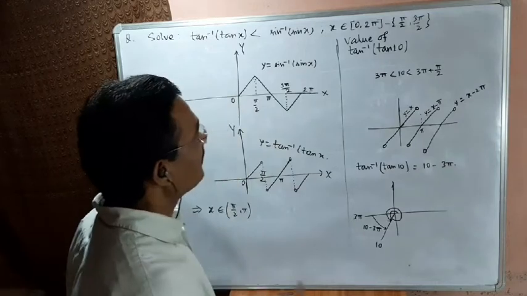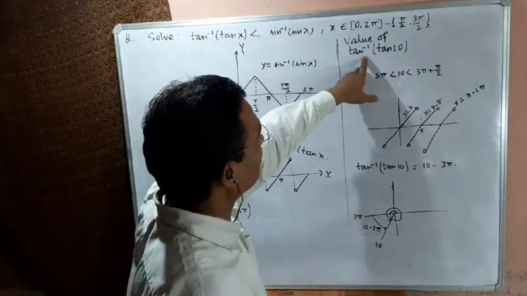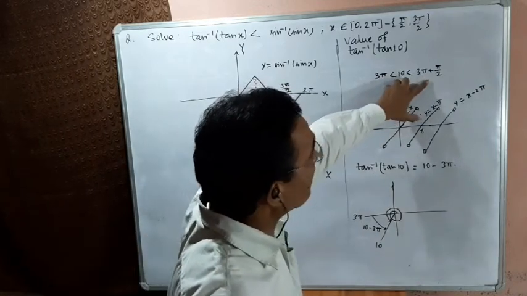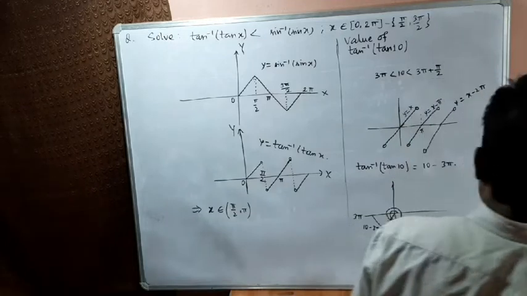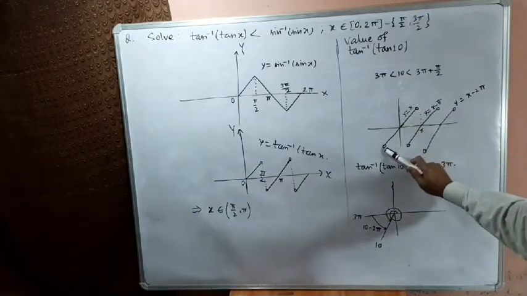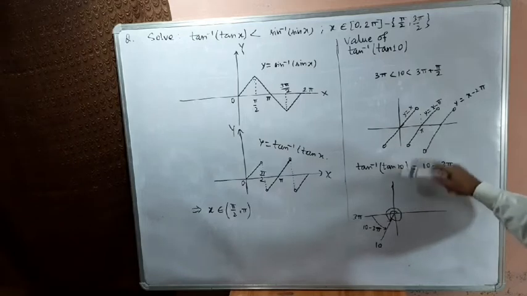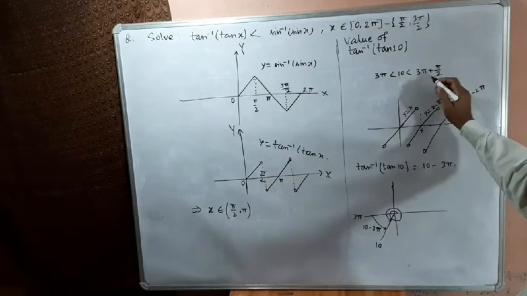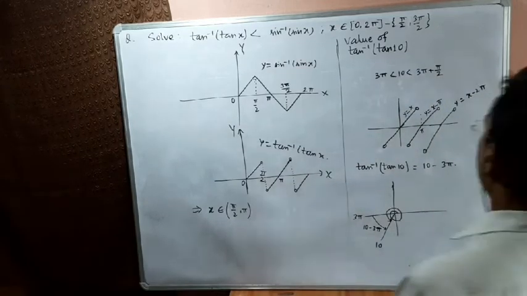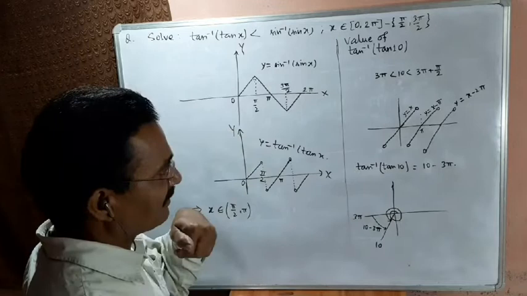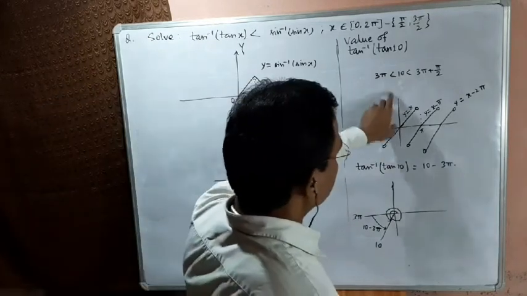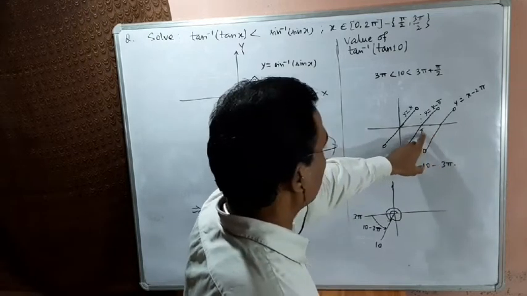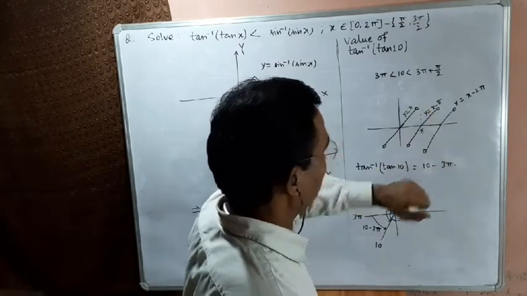Now the graph of tan inverse of tan x is to be traced between 3 pi and 3 pi plus pi by 2. We observe that from minus pi by 2 to pi by 2, the graph will be like this. After that like this, after that like this. We have to trace between 3 pi and 3 pi plus pi by 2. Let us try to understand the pattern. If we trace its graph from pi to 3 pi by 2, then its equation is y equals x minus pi.